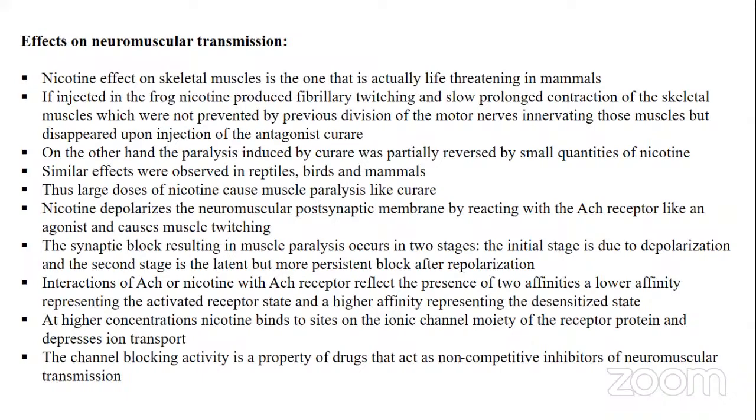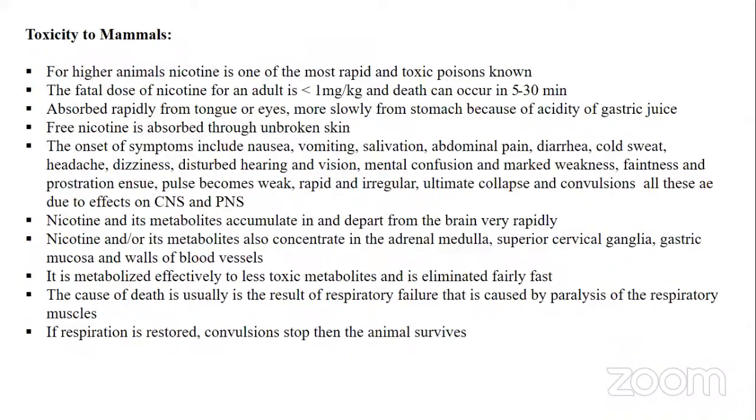Interactions of acetylcholine or nicotine with the acetylcholine receptor reflect the presence of two affinities, a lower affinity representing the activated receptor state and a higher affinity representing the desensitized state. At higher concentrations, nicotine binds to sites on the ionic channel moiety of the receptor protein and depresses ion transport. The channel blocking activity is a property of drugs that act as non-competitive inhibitors of neuromuscular transmission.